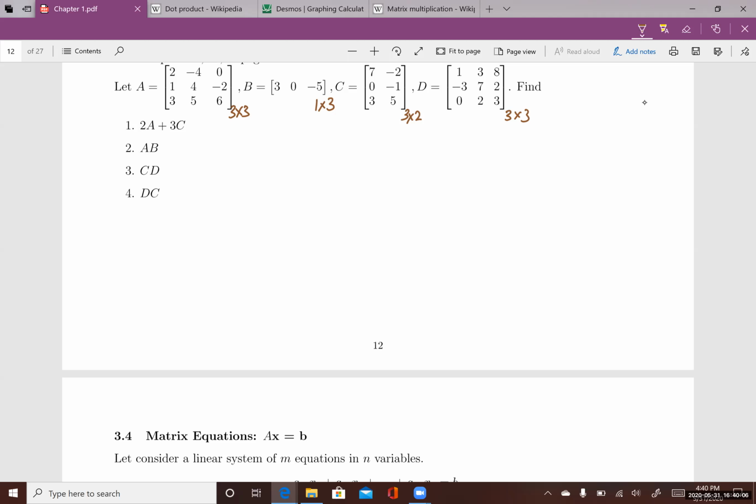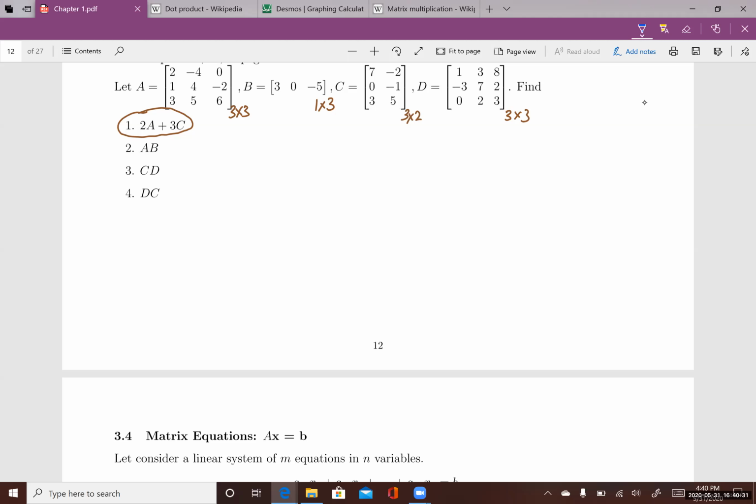All right, so now let's see if we can find this first expression, 2 times A plus 3 times C. Well, I can find 2A. I can multiply 2 to all the entries of A, right?